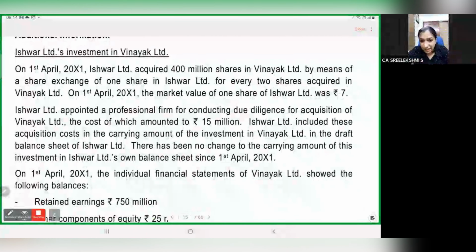Revaluation figures. So analysis of reserve. We always start with our analysis. We always start with revaluation, profit or loss.